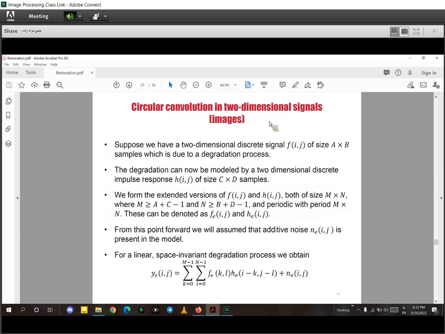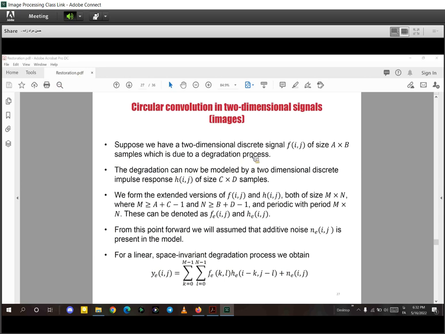We go on, this time for two dimensions. Until now we were in one dimension, but because we are working with pictures, which have two dimensions, i and j, we extend those fundamental items, circular convolution, to two-dimensional signals, for example images.